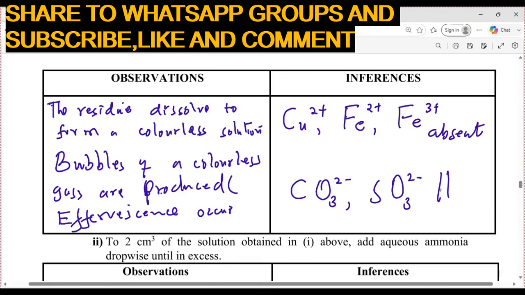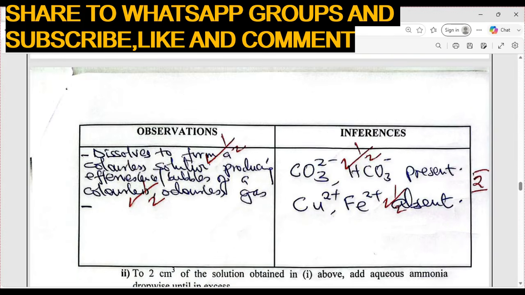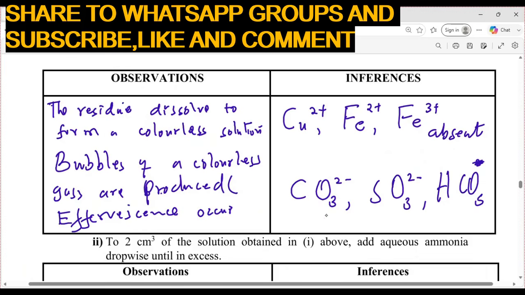So these three give effervescence. If it is a sulfite, a carbonate, or a hydrogen carbonate, it will give effervescence. Then don't forget, it means these ones are present. The words present and absent are very important, like I have told you.